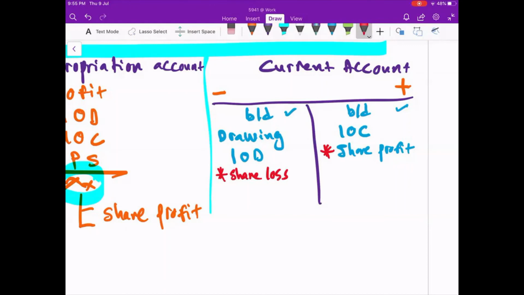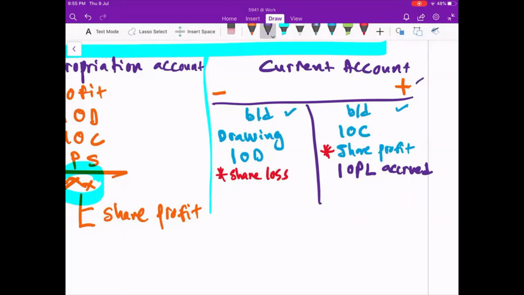But sometimes there are two additional things that may be in a current account on the credit side, which is interest on partner's loan accrued. If you already paid, you do not need to write it here. But if the interest on partner's loan is accrued, then you need to write it here on the credit side.